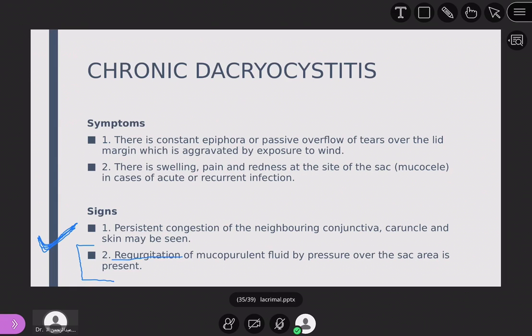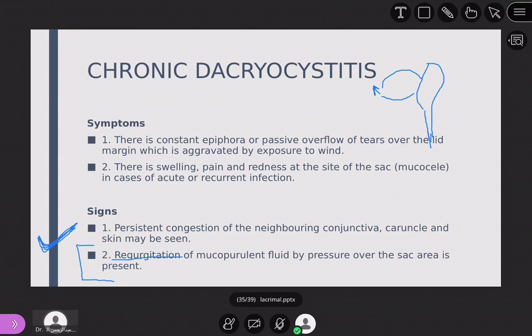What is regurgitation? For example, this is the lacrimal system. If you press on the area of the lacrimal sac, you can see fluid coming out from the punctum.